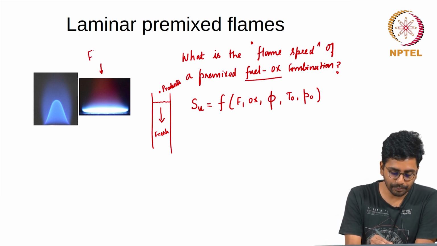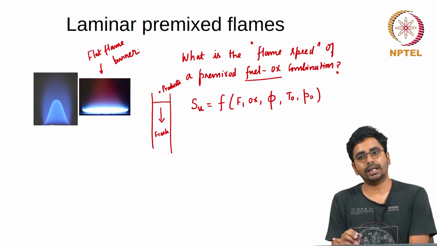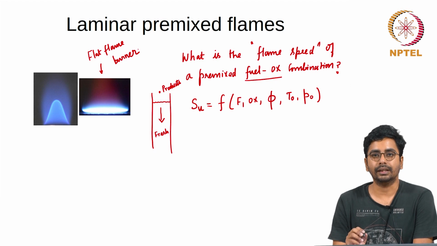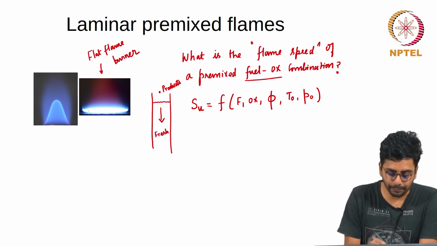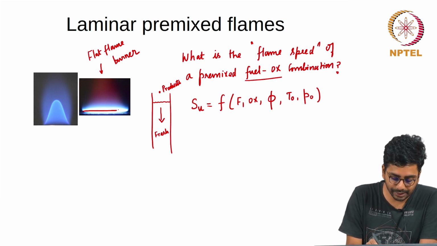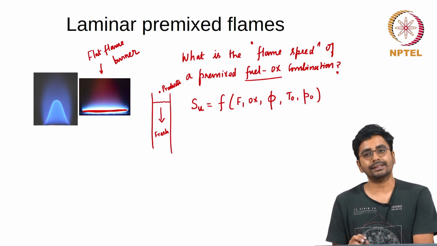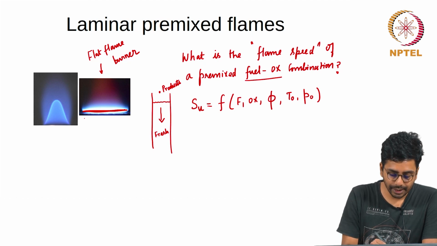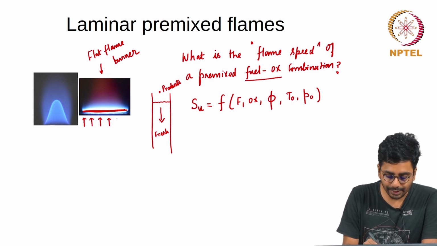This is a flat flame burner, where a flat laminar premixed flame has been stabilized over the burner. This is the flat laminar premixed flame, okay. And since the flame is stationary, the flame velocity is simply equal to the velocity of the unburnt mixture.